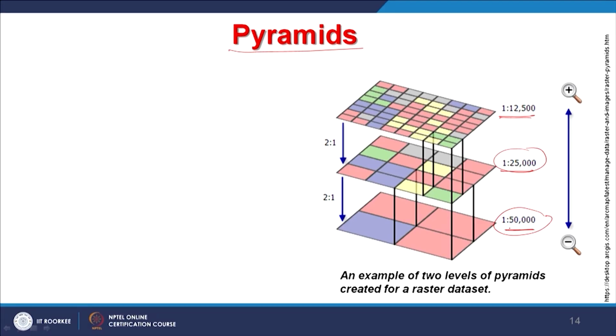But as soon as you keep zooming in, you are going towards a larger scale, less ground area coverage, but at a high spatial resolution. So, this kind of concept is useful for displaying images on a screen, because we are now handling large images and large databases, unlike earlier. So, then this concept was introduced.